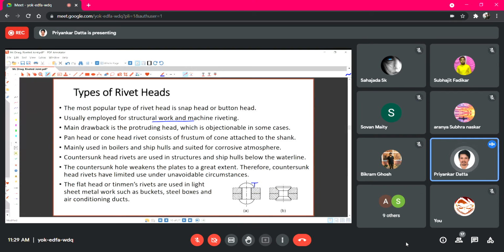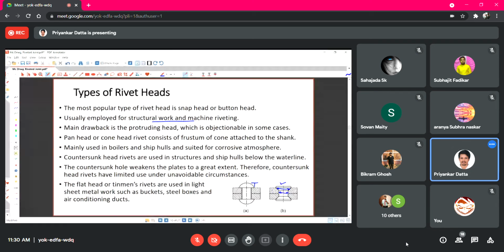But one disadvantage is there for the countersunk head. Since this tapered part is inserted inside the plate, you can see that for the plate hole, this part has a diameter equal to the diameter of the shank of the rivet. But the uppermost position has a larger diameter. Since a larger amount of material is removed here, this part becomes weak against tensile load.